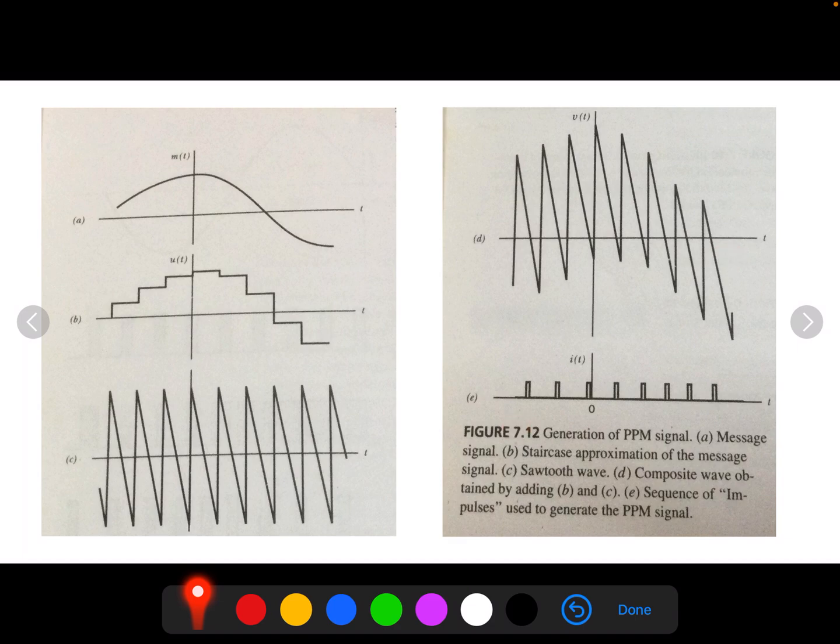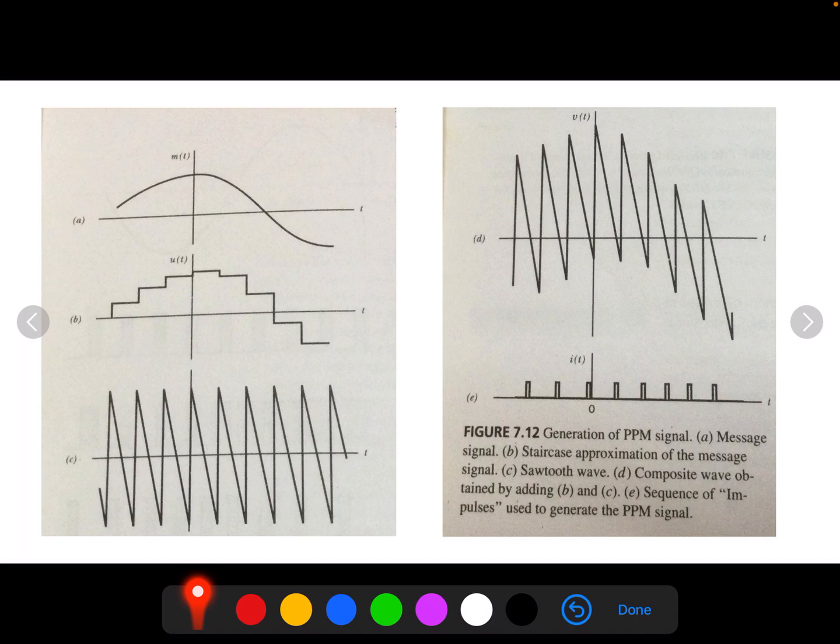So the result is the impulse function I of T. Then we can regenerate back the message signal. So this is the process of generating the PPM waves, generation of PPM waves.